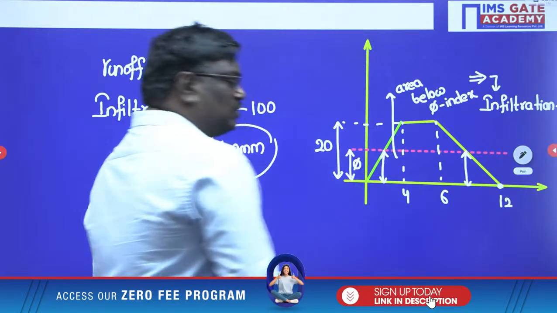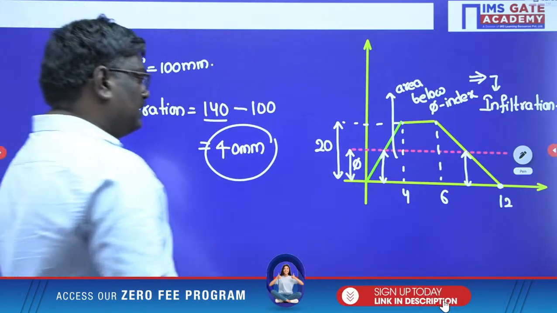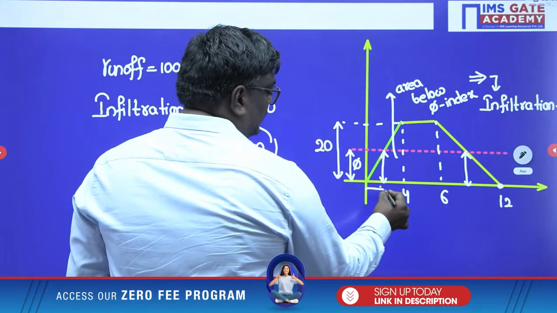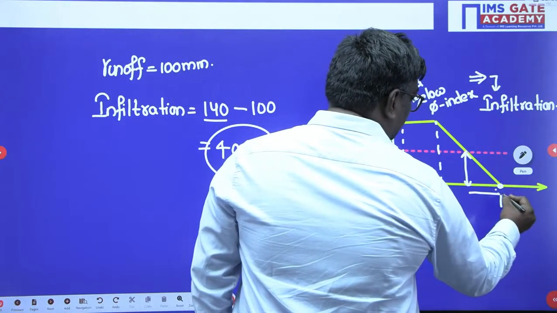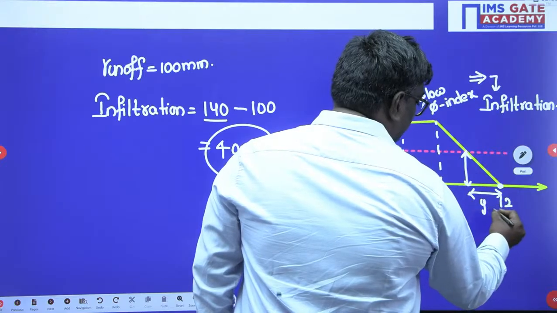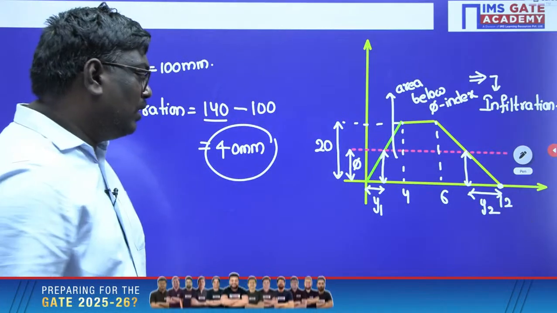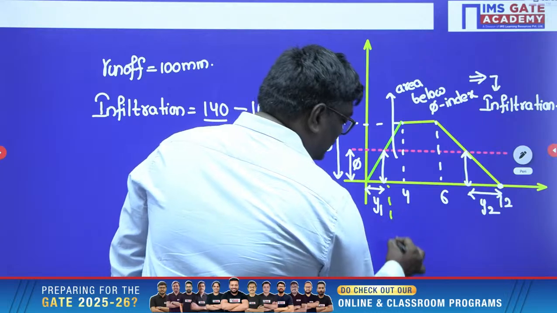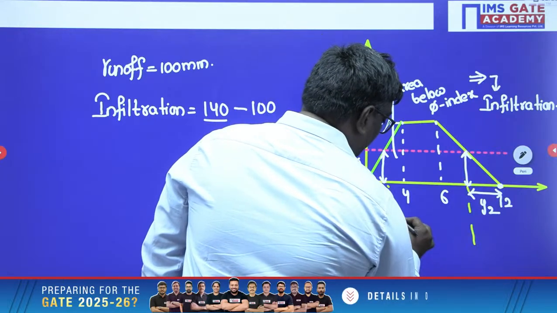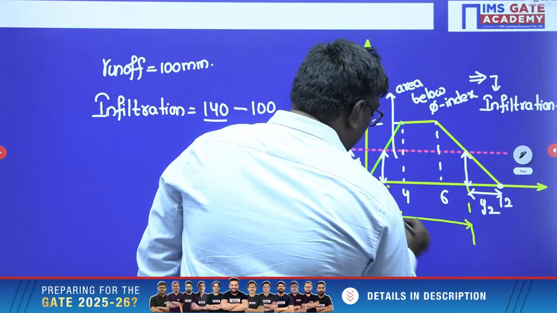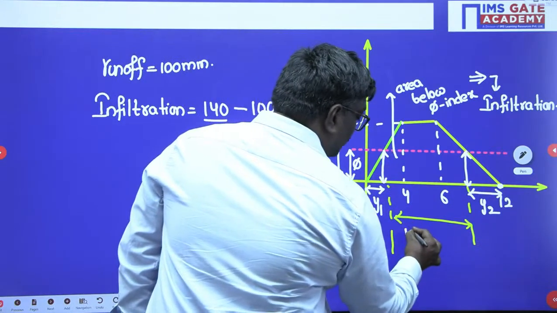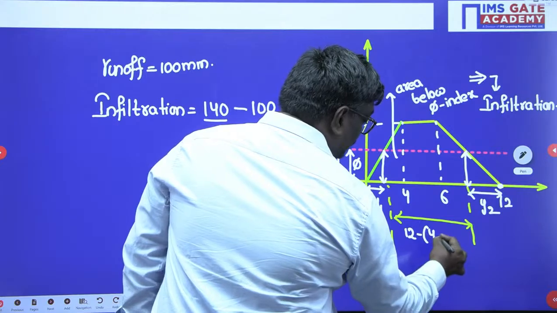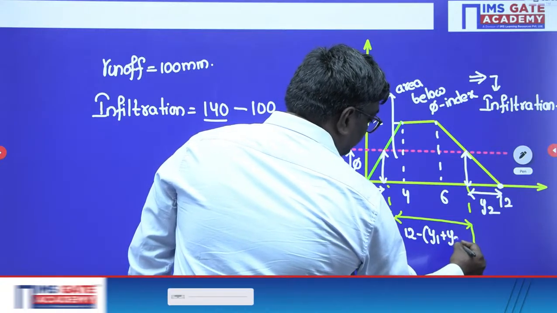Okay, so here what I will do is, I will assume this distance as y1 and this distance as y2. What will be the distance from here to here, sir? This total distance is 12, so this distance will be equal to 12 minus of y1 plus y2.